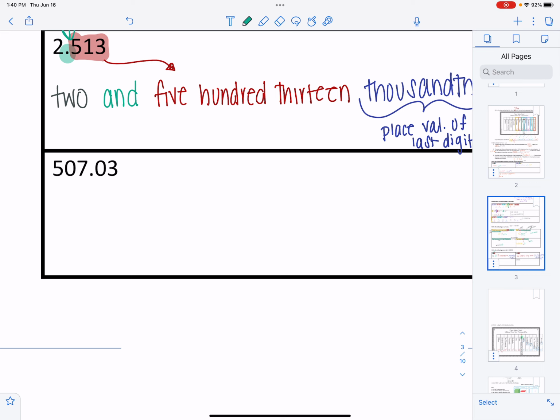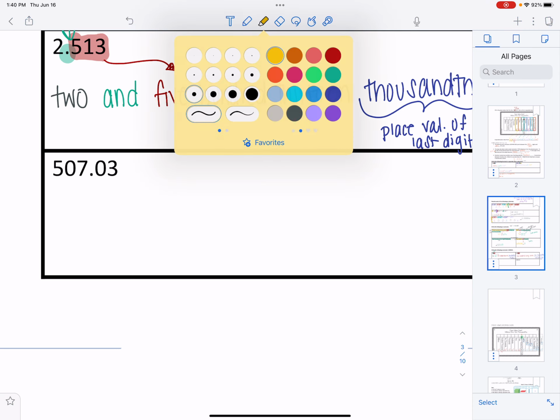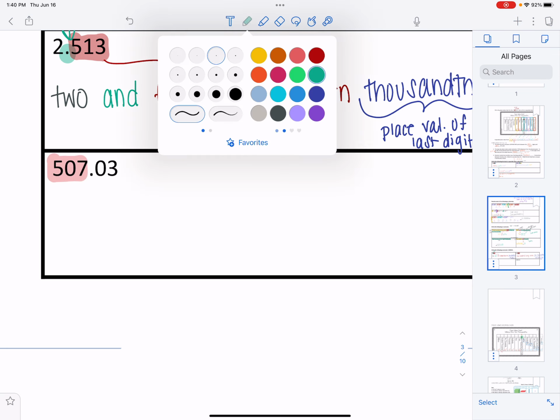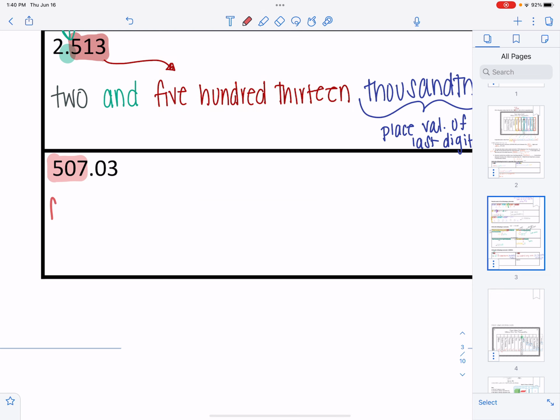507.03. First thing, we do the left of the decimal first because we're trained with our whole numbers. So I've got 507. Well, I would say that as 507.